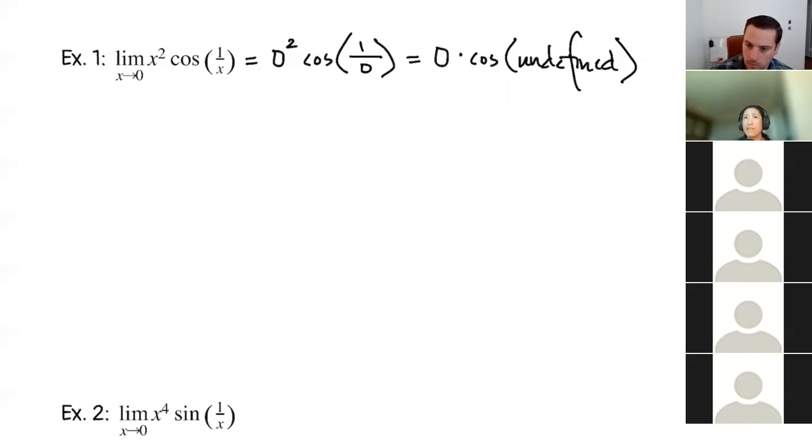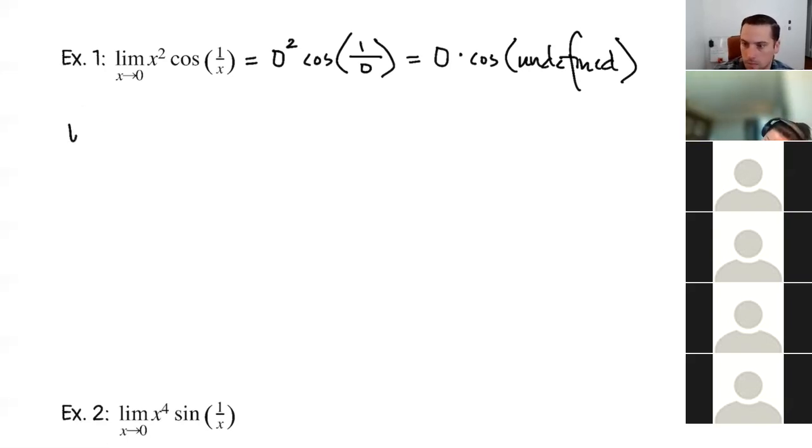So it seems like the techniques that we've learned before aren't going to be helpful. And so that's what this sandwich theorem or the squeeze theorem is all about. How do we figure out another case of a limit when the other strategies that we know don't necessarily work?